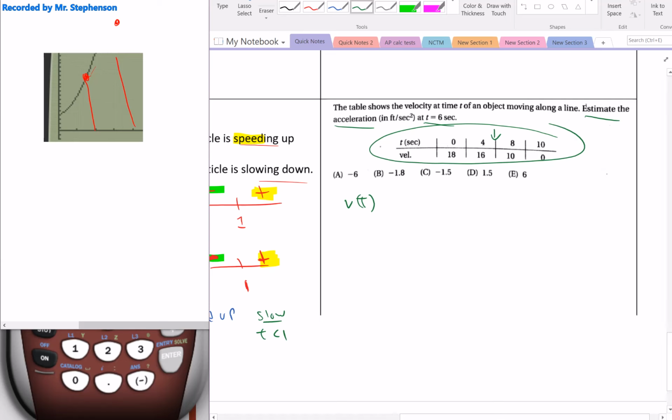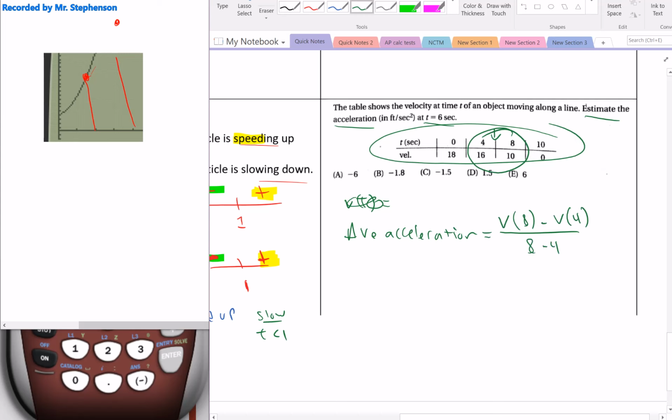So if I want to estimate the acceleration, I can do that same process with these velocity values to find the average acceleration. So the average acceleration near 6, which is using these guys, is going to be v of 8 minus v of 4 over 8 minus 4, right?